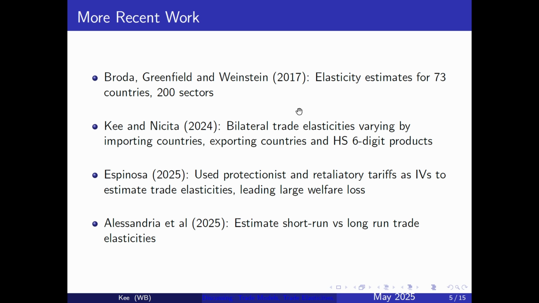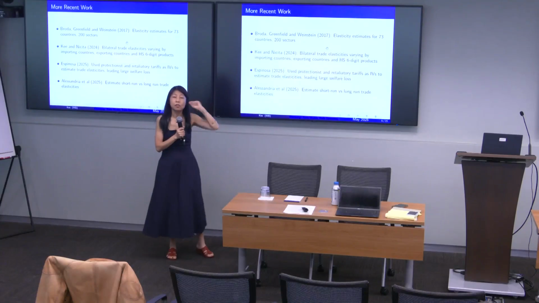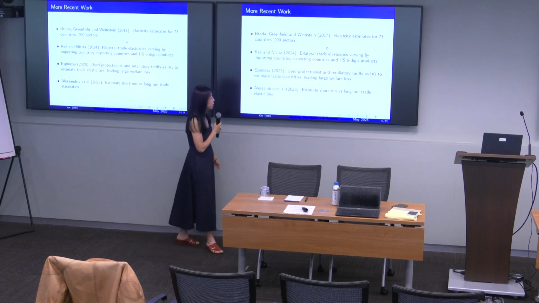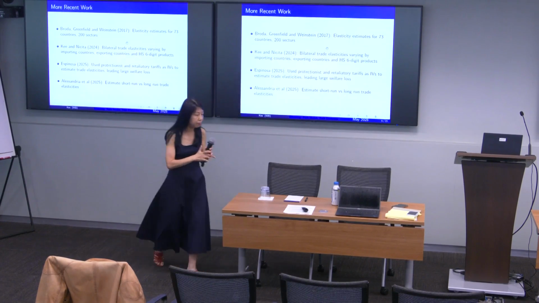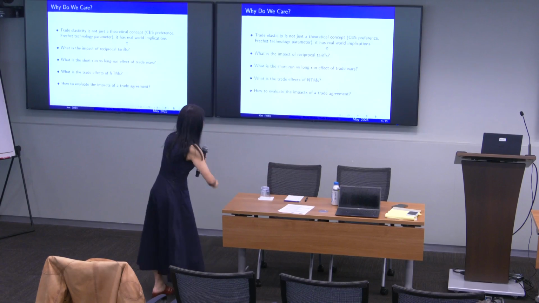They're focusing on using protectionist retaliatory tariffs as IV to estimate trade elasticity, and they claim that leads to large welfare loss. And there are also papers focusing on estimating short-run versus long-run trade elasticity, because actually Harrigan's paper talked about this. Long-run elasticity, where you allow firms to relocate, is always going to be larger than short-run elasticity. So there are all these things in this.